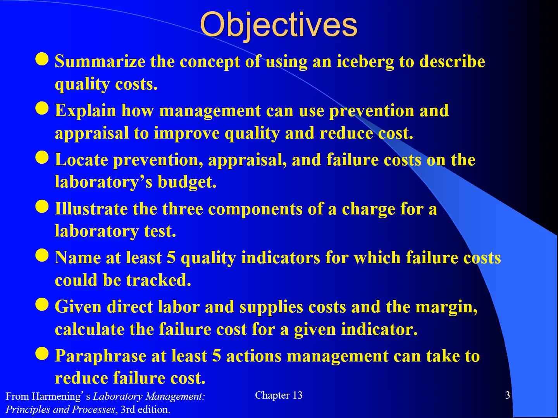Name at least five quality indicators for which failure costs could be tracked. Given direct labor and supplies costs and the margin, calculate the failure cost for a given indicator, and paraphrase at least five actions management can take to reduce failure costs.